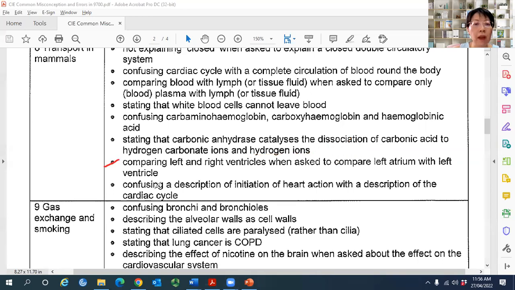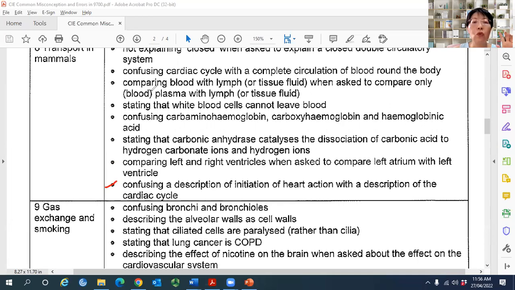Okay. Comparing left-right ventricles: when asked to compare the left atrium with the left ventricle, this one cannot confuse. So you see what the question wants, answer what the question wants. So you save your time to score more marks in other questions. Don't write something that the question didn't ask. Don't waste your time. Make sure you have enough time to answer other questions to score full marks for every question.